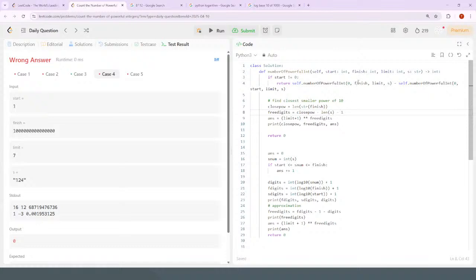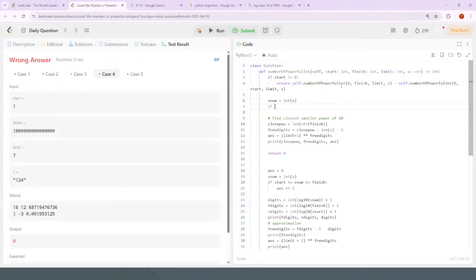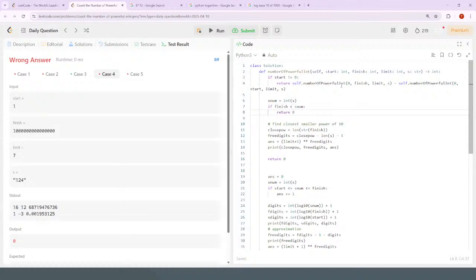If the finish is below, if the finish number is, let's say, snum equals the integer value of s. If finish is smaller than snum, smaller than or equal to? No, smaller than snum, return 0.